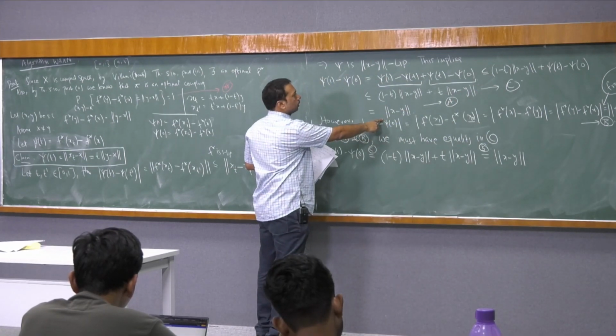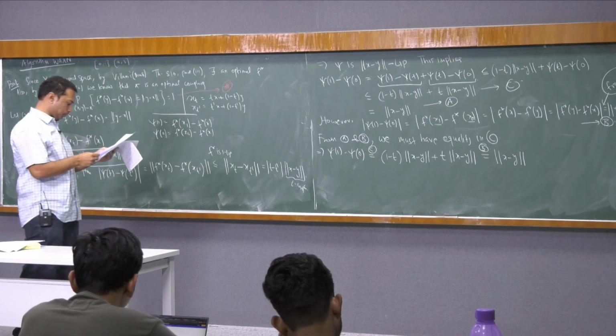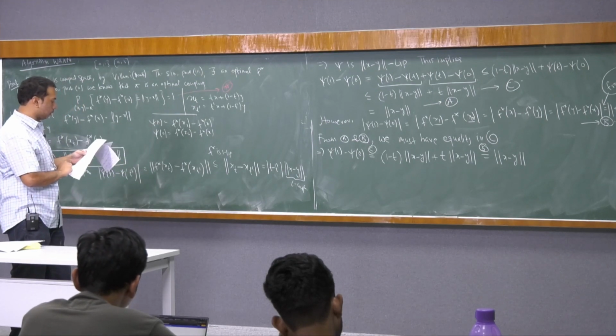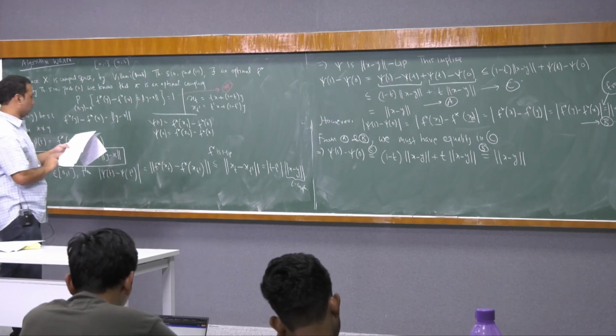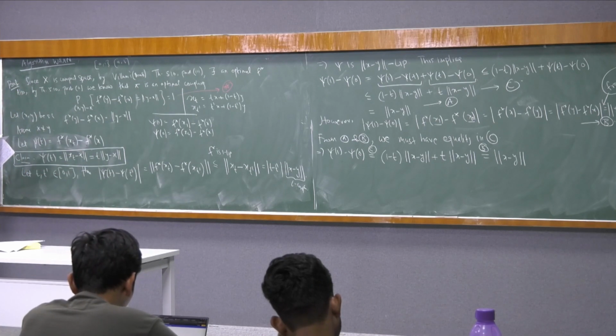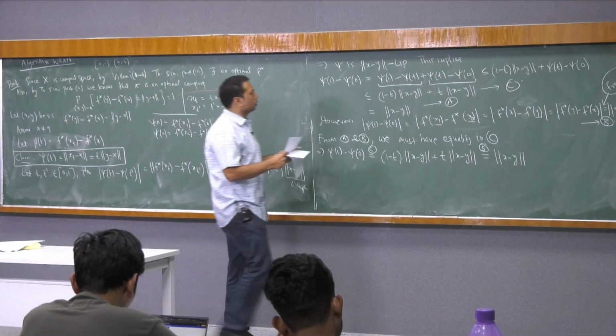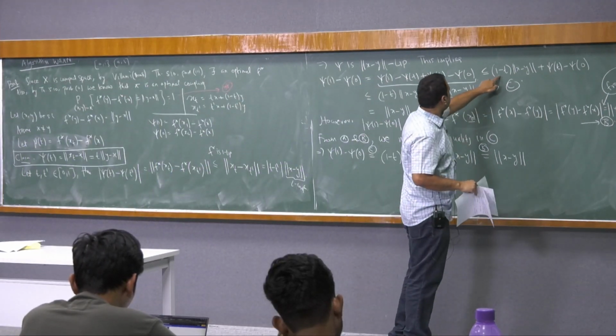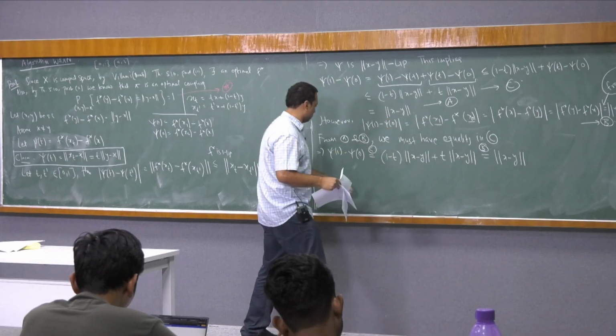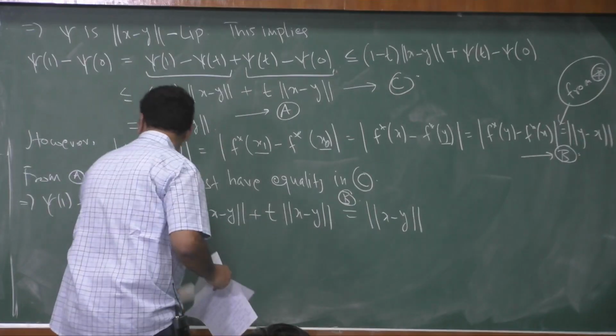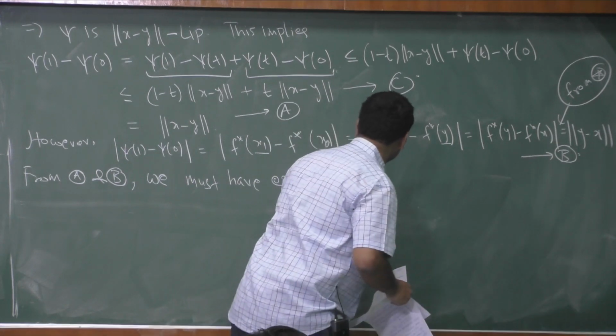Psi t minus psi 0 is t norm x minus y, but psi 0 is 0, because psi 0 is x0, and x0 will be y. Okay, let me continue. So what I have is this. This is equal to this. So let me use that fact.